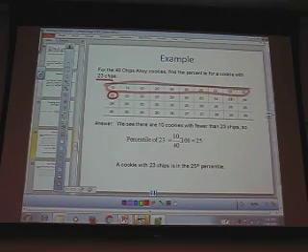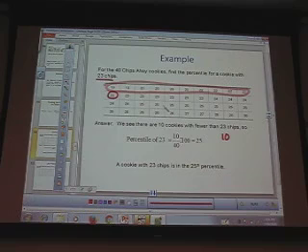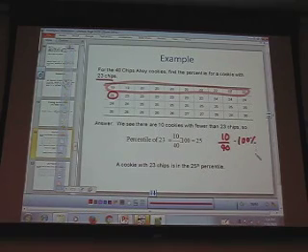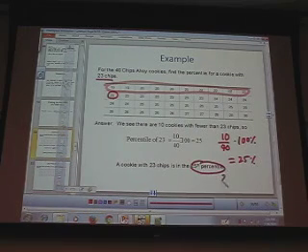There are 10 that are less than it. 10 out of how many? 10 out of 40. Then change that into a percentile by multiplying by 100%. That ends up being 25%. So this is the 25th percentile. Make sense?